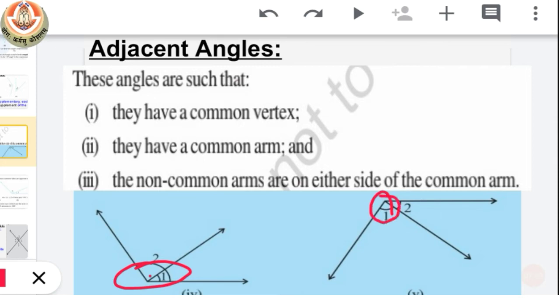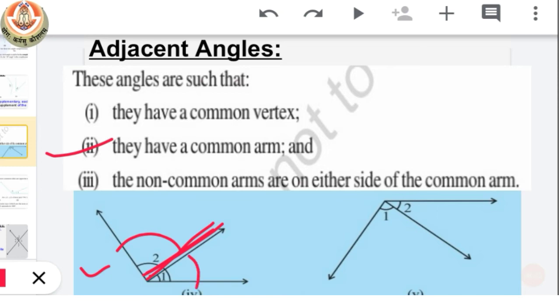Now the second situation is that they have a common arm, meaning adjacent angles are those which have one arm in common between them. Here you can see that in this figure, this arm is common between angle 2 and angle 1.